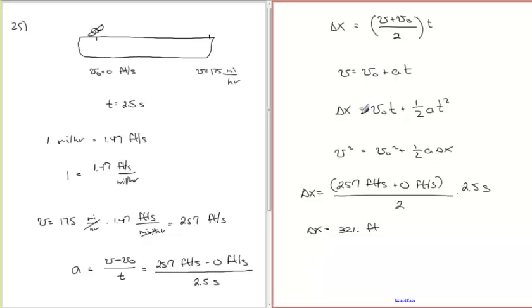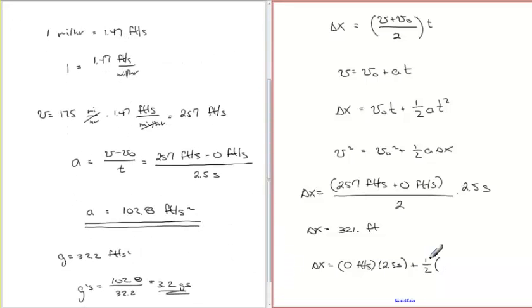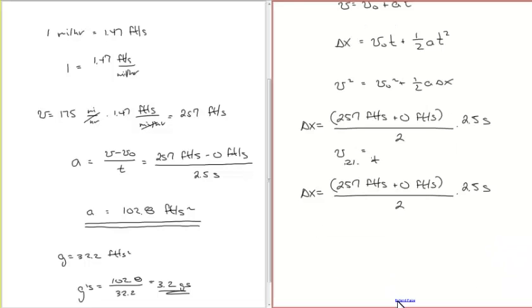The other one is this equation, so let's just try that. I'm trying to think if there's any reason we can't use that. No, I can use it. So delta x is v0, which is 0 feet per second, times the time, which doesn't really matter because it's times 0, 2.5 seconds, plus 1/2 the acceleration, which is from the previous problem, 102.8 feet per second squared, times time squared, 2.5 seconds squared.